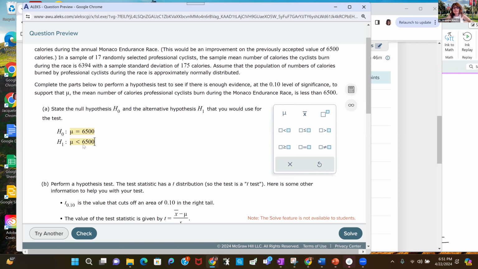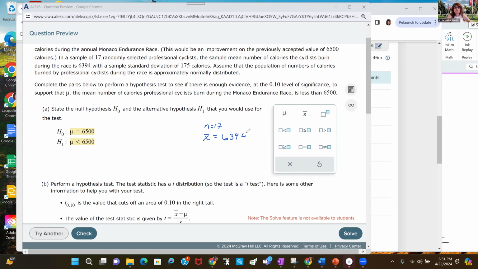So again, that's a one-tailed test. We have a 10% level of significance. We have all of this info. So n is 17. The sample mean is 6394.